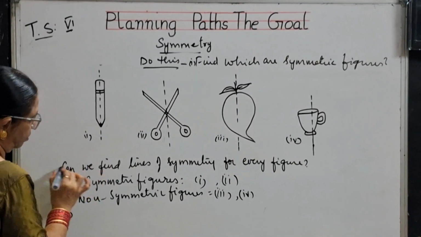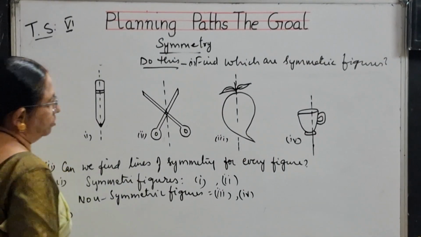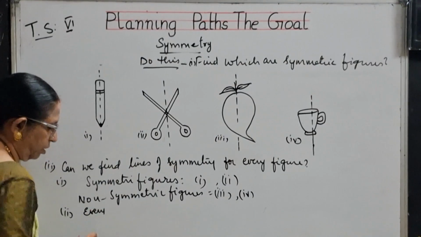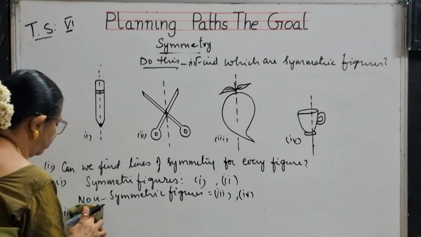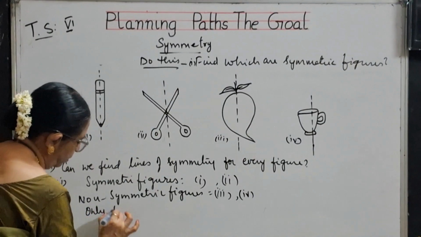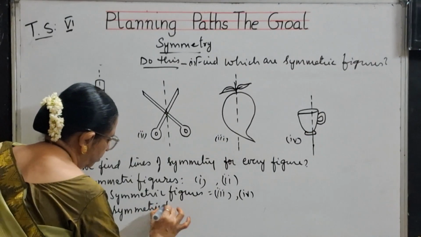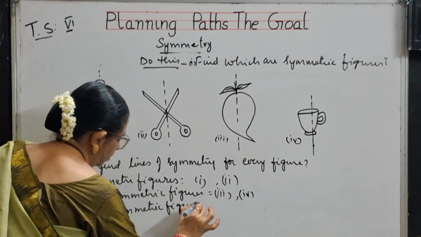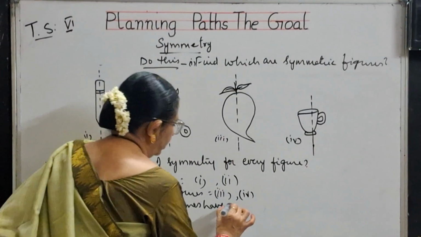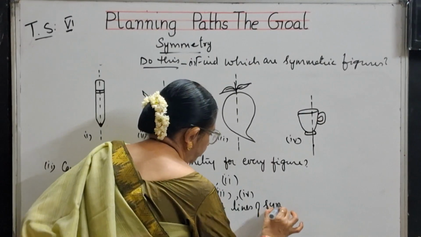And if I consider this as the second figure, second question, can you find lines of symmetry for every figure? I'll write only symmetric figures have lines of symmetry.